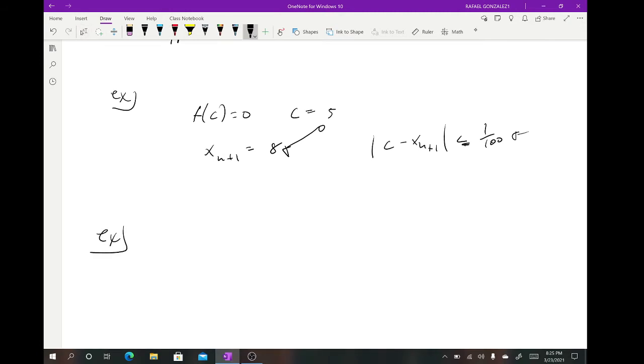We're going to find an approximation using Newton's method to find a 0 for the following function.